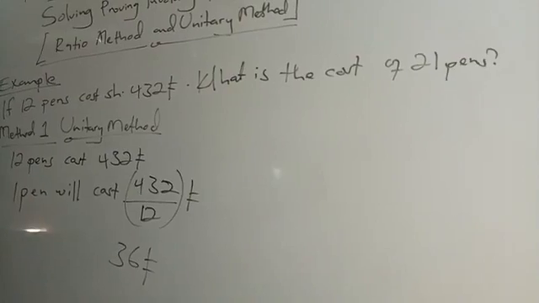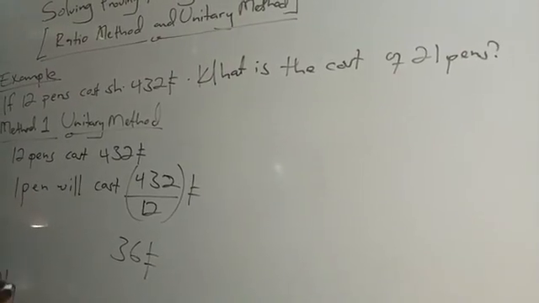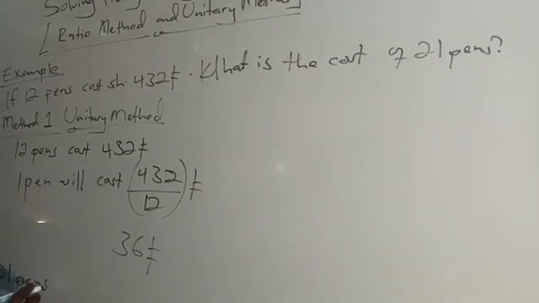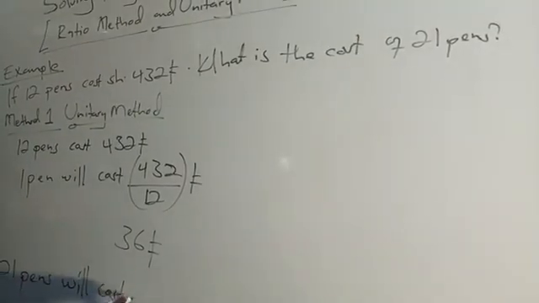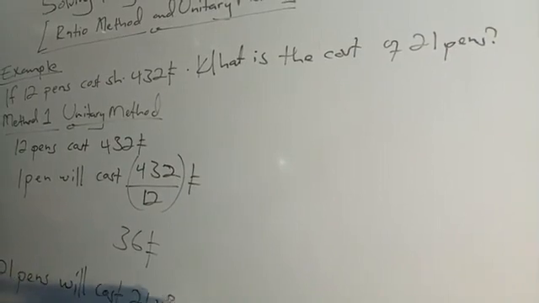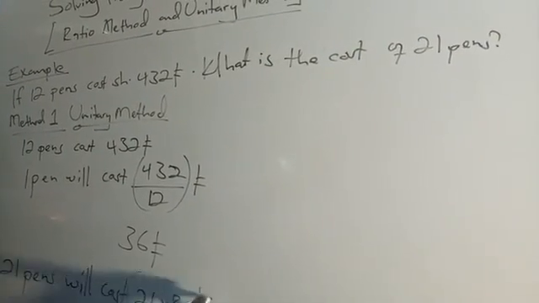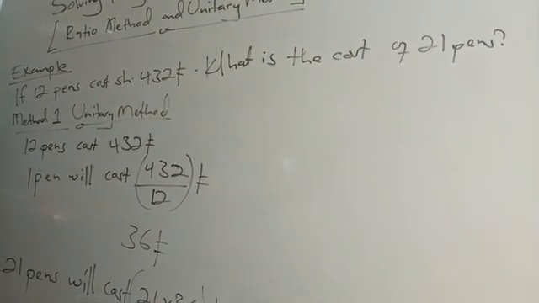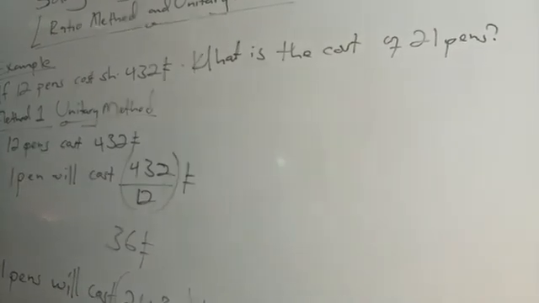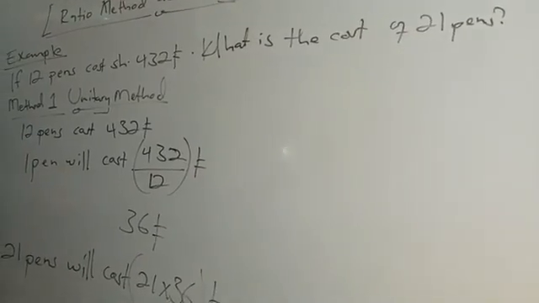So 21 pence will cost 21 times 36, getting 756 shillings.